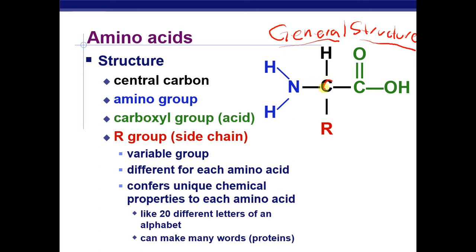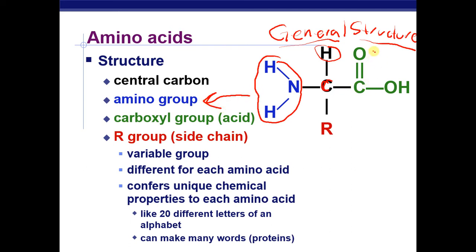They have a central carbon atom that has four things attached to it. On one side, it has a hydrogen atom attached to it. On the other side, we have a nitrogen and two hydrogens. We call this an amino group. That's where the amino part comes from, an amino acid.